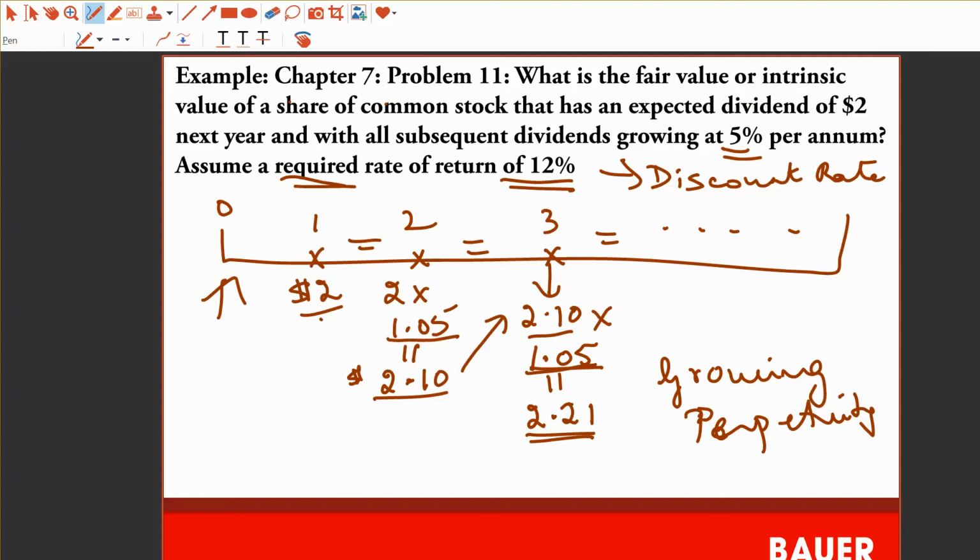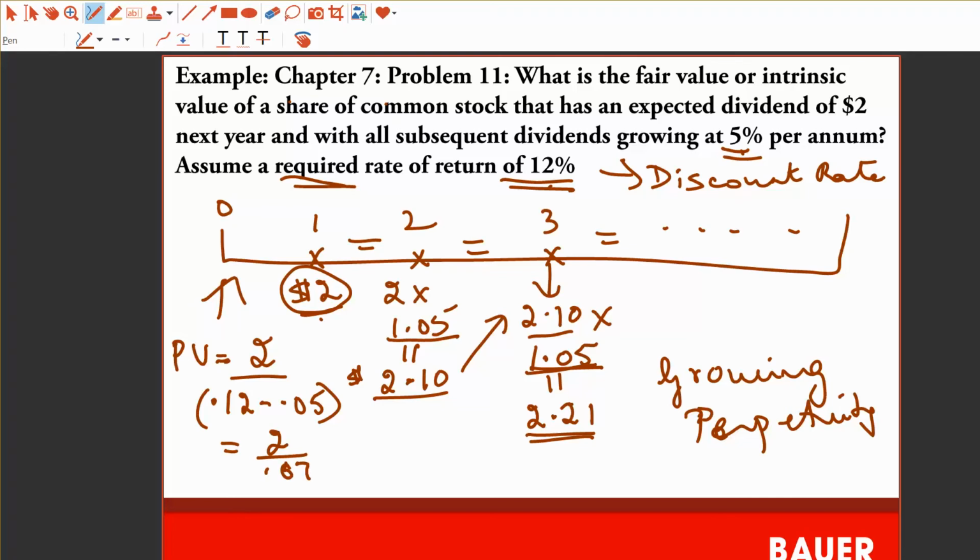The present value of the growing perpetuity is simply the first payment, in this case the dividend, 2, over R minus G. R is 12%, your required rate of return, your discount rate. G is 5%, your growth rate. So R minus G: do this first and then do the division. That's 2 over 0.07.